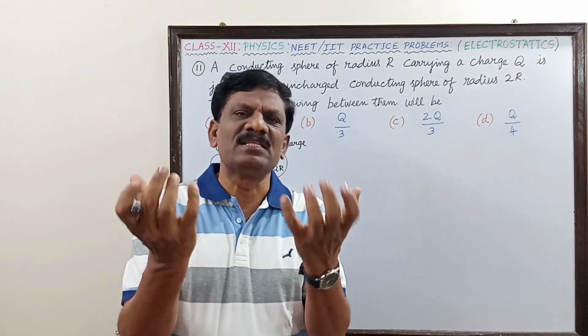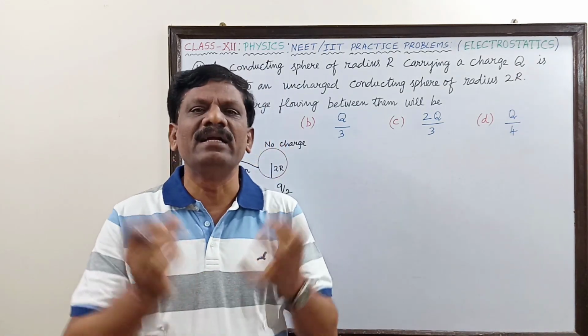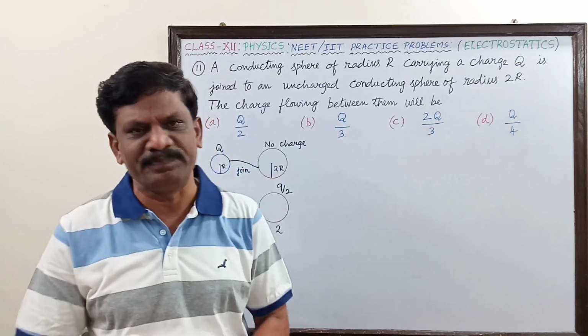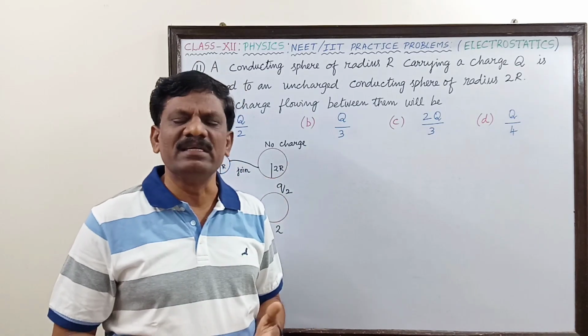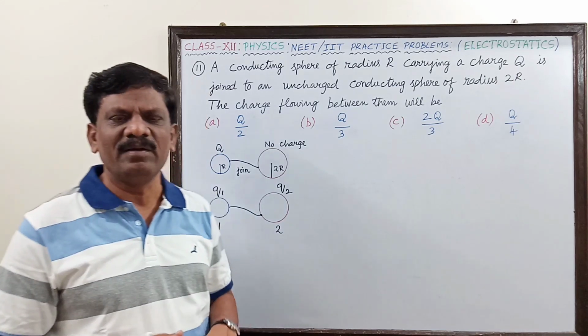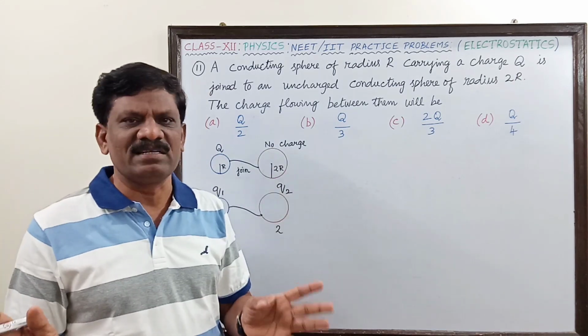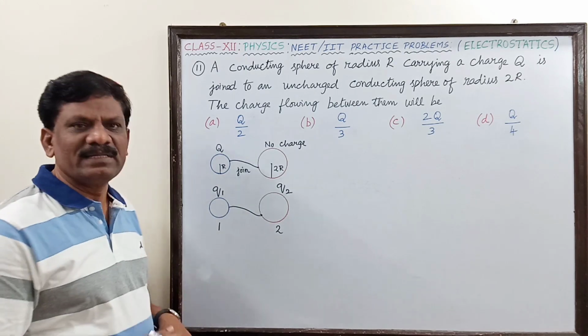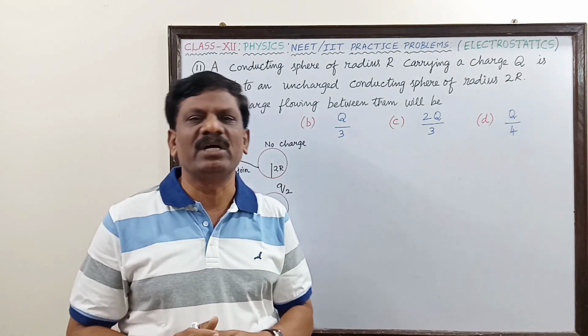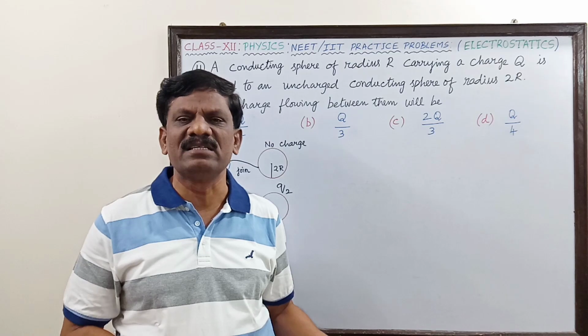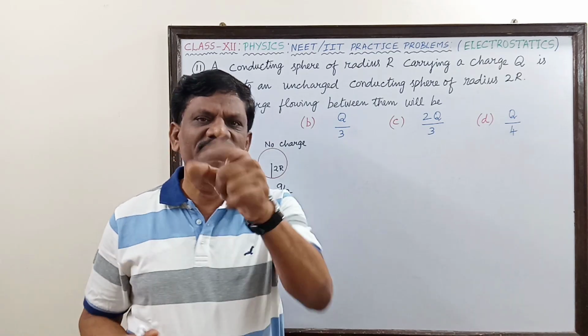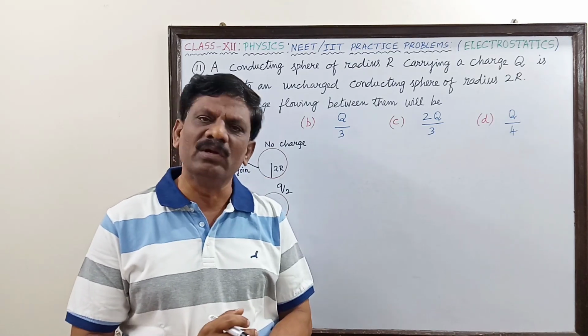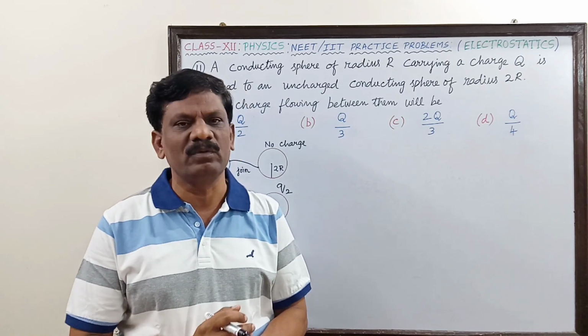Now both the spheres are joined together and form a single system. Before joining, these two spheres behaved as two different systems. In a single system, how much charge will flow from the first sphere to the second sphere? That is, we have to find the value of Q2 coulomb. What is the value of Q2?